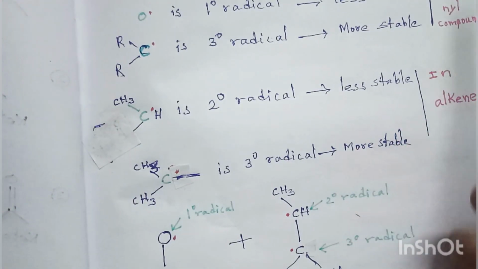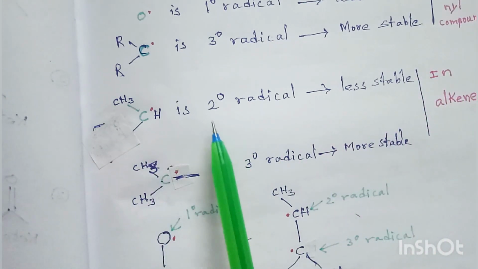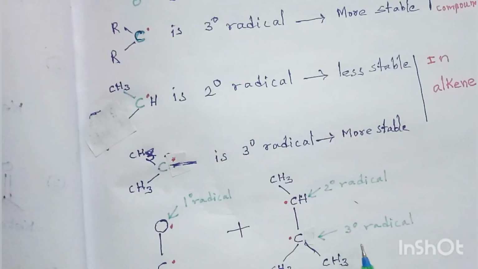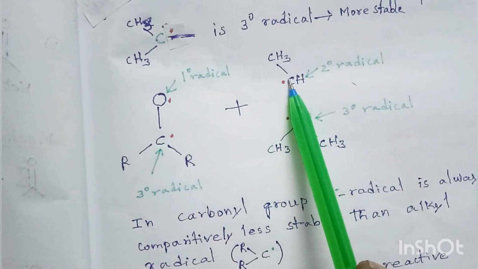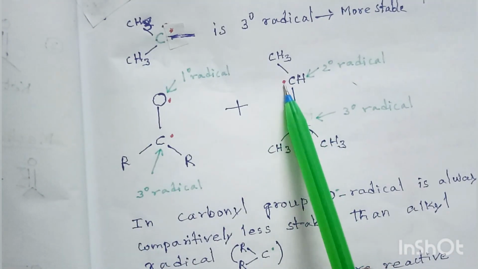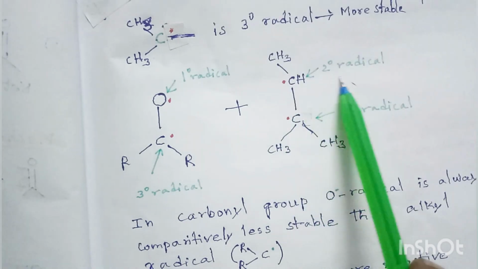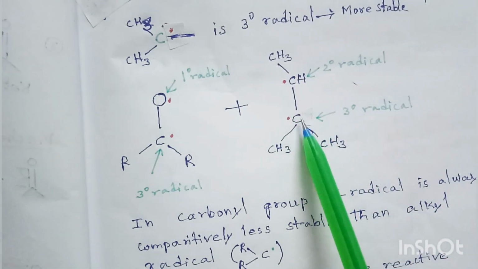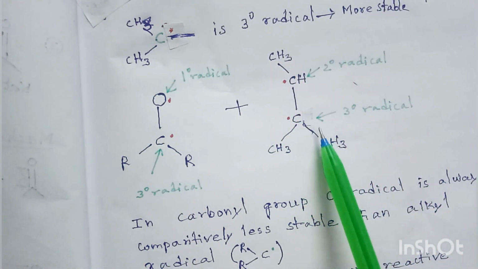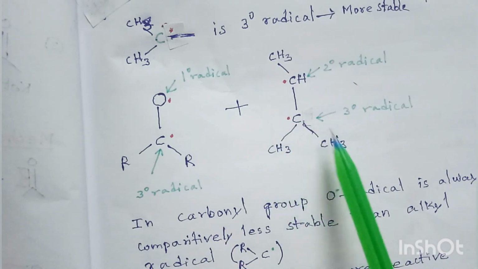When it comes to this asymmetrical alkene, this CH radical is a secondary radical because it is attached to two more carbon atoms, whereas this carbon radical is attached to 3 carbon atoms.